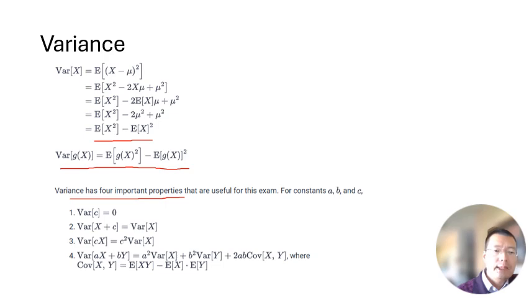And the last one, the variable ax plus by, is a little more complicated. It not only has the variance for the first term x, and also a variance for the second term y, but also a covariance, where Cov(x,y) is equal to this. These are some formulas that you will probably encounter or need to use in the exam. So the best thing is to memorize them and apply them in solving your problems.